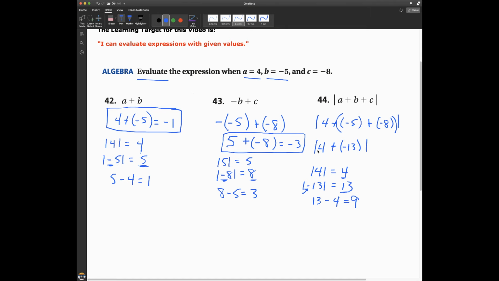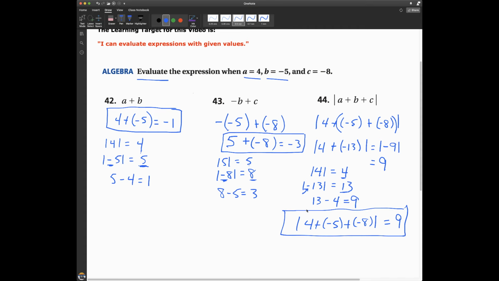So 4 plus -13 is going to be equal to the absolute value of negative 9, which we know is just 9. All right, so in the end, the absolute value of 4 plus negative 5 plus negative 8 equals 9.